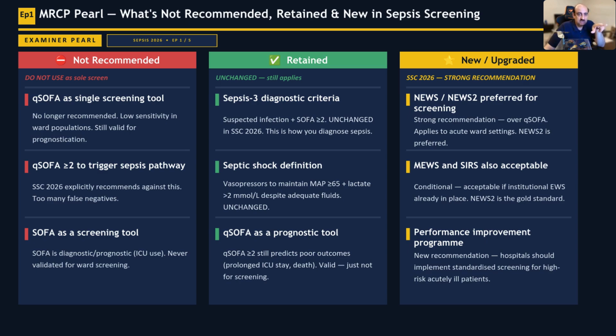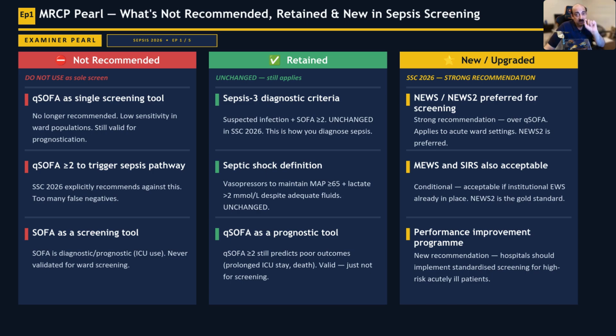Remember the difference between screening and prognostic tool. What's new is that there is no single recommendation as such from the Surviving Sepsis Campaign 2026 guidelines, but they have recommended using NEWS2, NEWS, MUSE, or SIRS instead of qSOFA. And the evidence strongly suggests that NEWS2 is the best in terms of sensitivity.